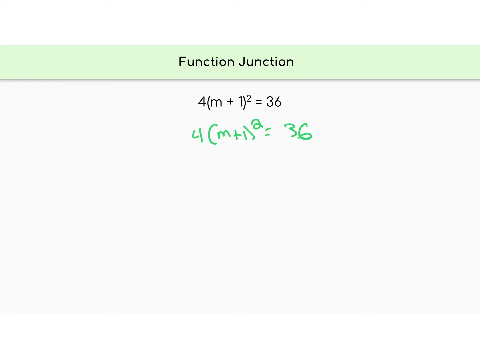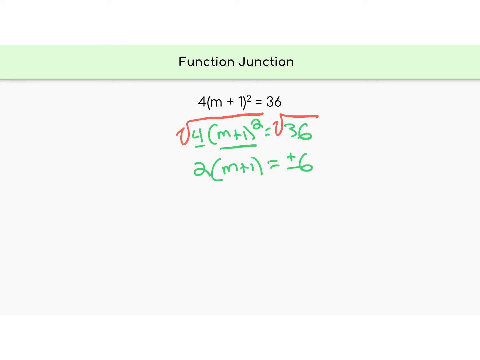Okay, so the first thing I want to do is I want to take the square roots of both sides. So now, look at your terms. The square root of 4 is equal to 2, and the square root of (m + 1)² is m + 1. And that's going to be equal to the square root of 36, which could be positive 6, because 6 times 6 is 36, or it could be negative 6, because negative 6 times negative 6 equals positive 36.